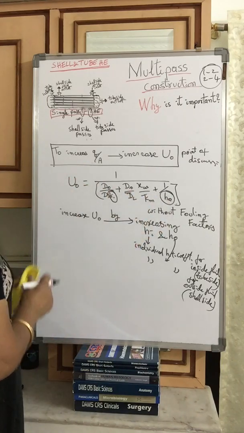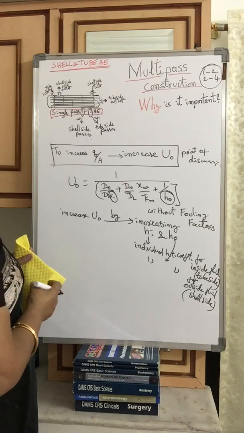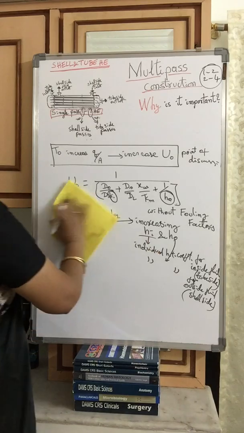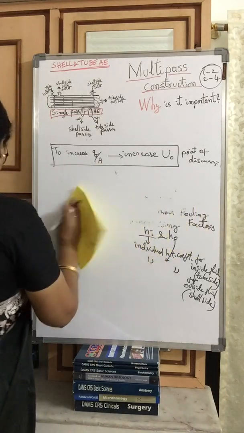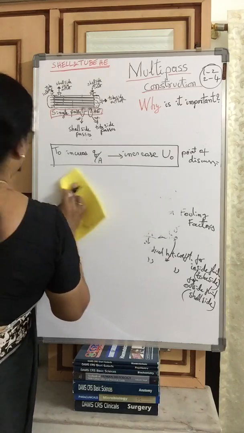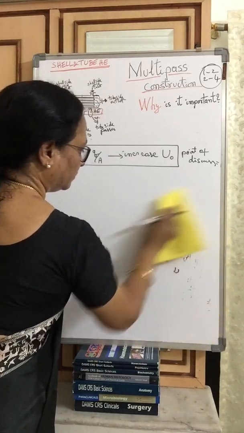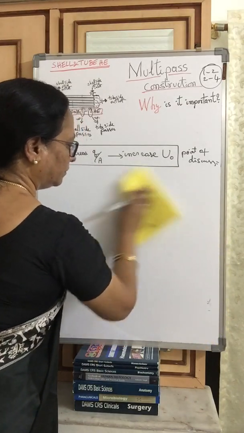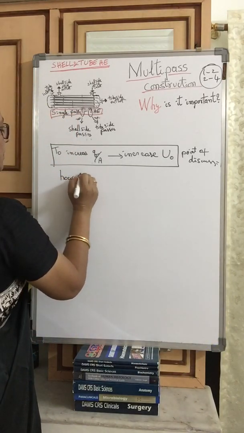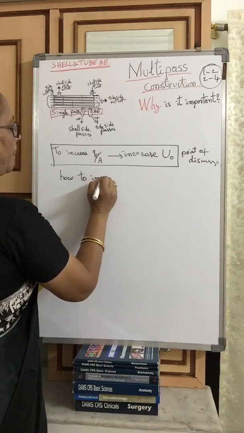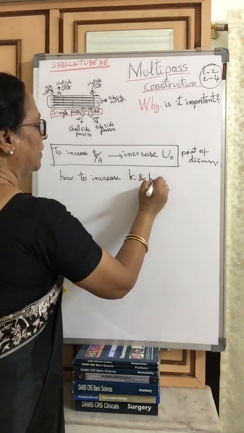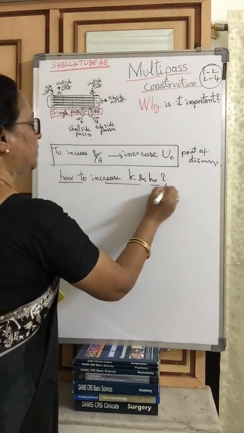So how to increase Hi and H naught? That is the next question.